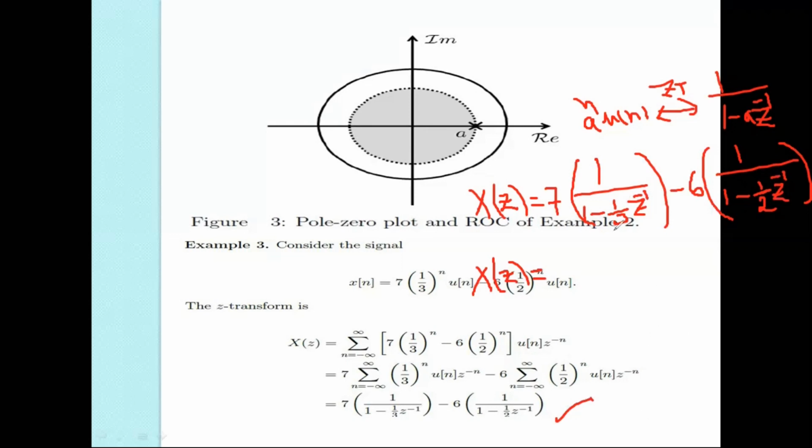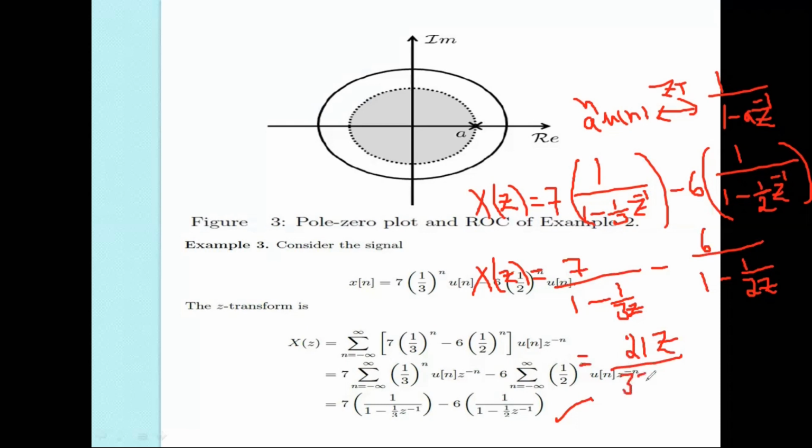Or you can simplify 7 by 1 minus 1 by 3z inverse minus 6 by 1 minus 1 by 2z inverse. It is equal to, bringing it into the numerator, 7 times 3 is 21z, divided by, taking the LCM here, 3z minus 1, minus 6 times 2 is 12z, divided by 2z minus 1.